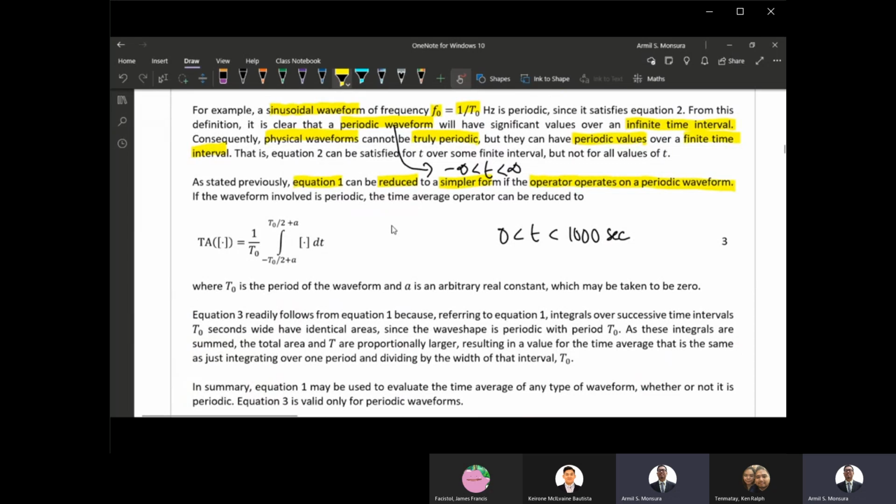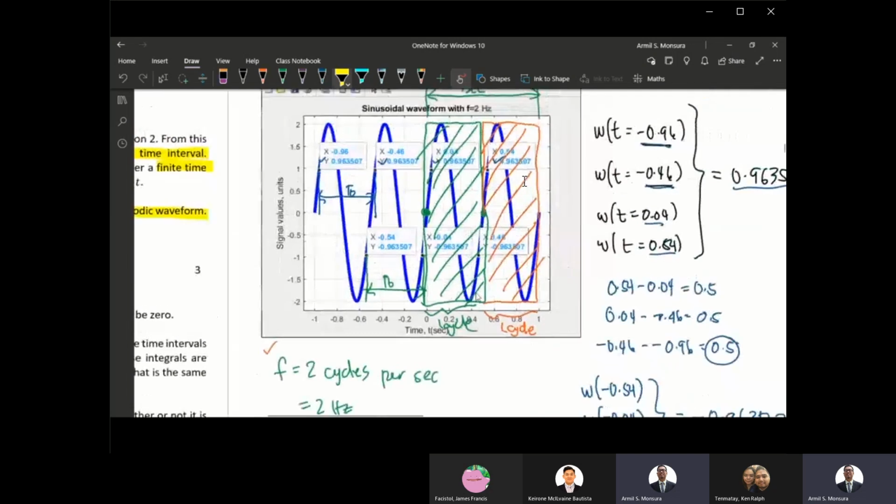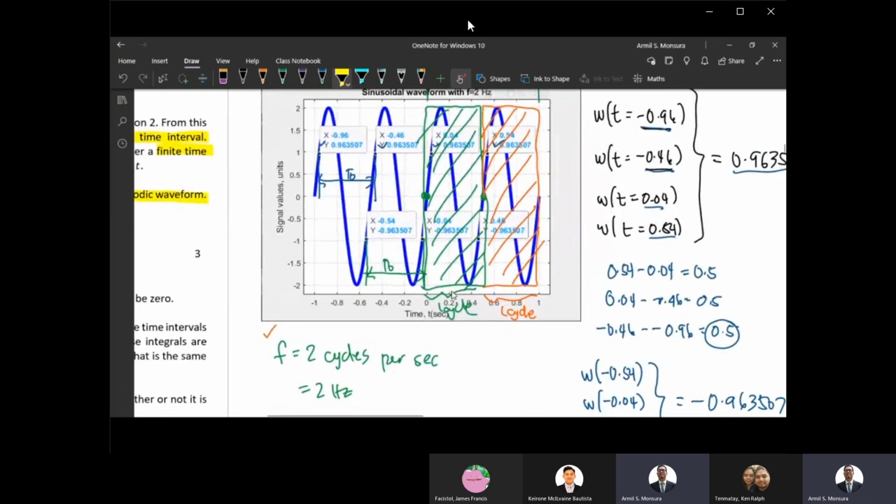So, first thing, yung limits ng integral natin would be set dun sa time interval for which the signal is periodic. Ibig sabihin, kukunin natin yung time interval for which maka-capture natin yung isang cycle ng signal natin. So here, ang kukunin nating limits ng integral ninyo would be yung lowest time kung saan magsisimula ang cycle at kung saan siya matatapos.